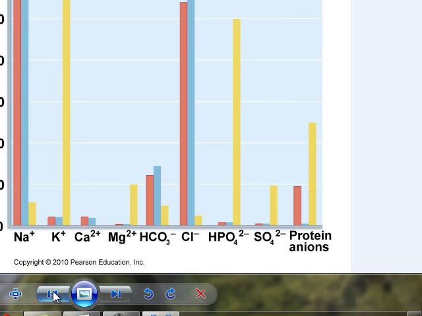That guy, sodium concentration. Yes? So sodium ion concentration is responsible for that positive charge on the outside. Protein anion concentration is responsible for that negative charge on the inside. Yes?